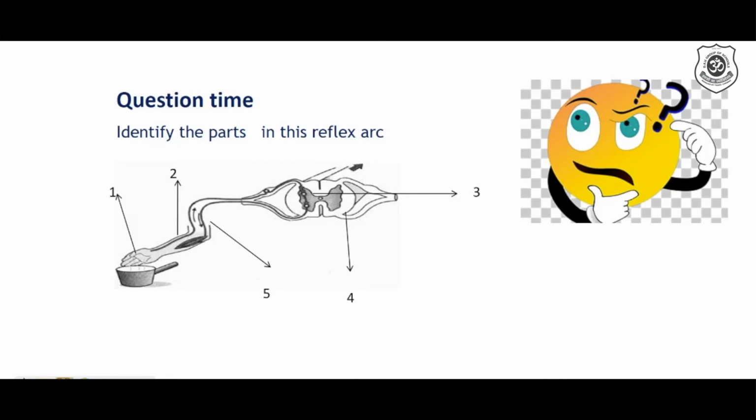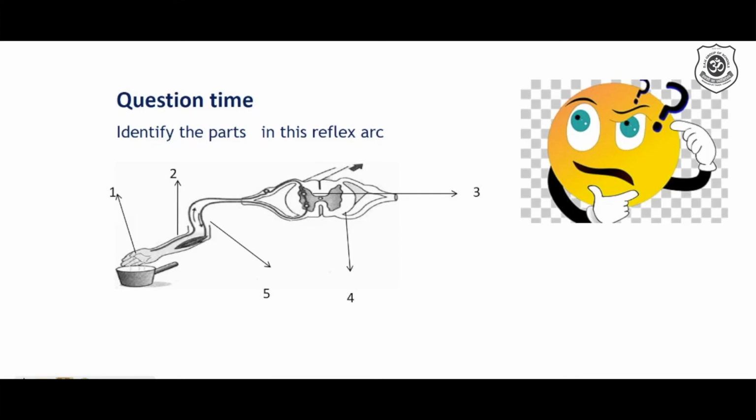Now third one, this is also a nerve which is getting the information from this nerve and then passing it to the next nerve. Now the fourth portion, what is this part where the decision is taken? Now the fifth one is a nerve which brings back the answer or the response and brings about the movement. Are you able to find out?